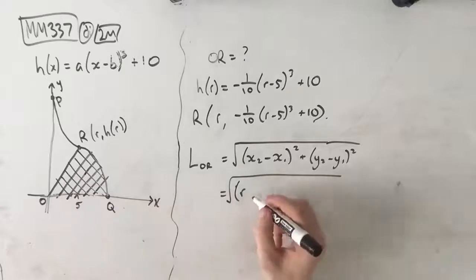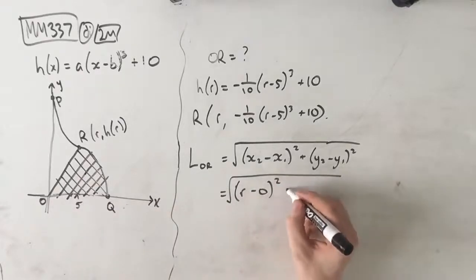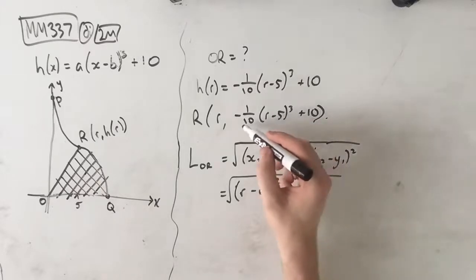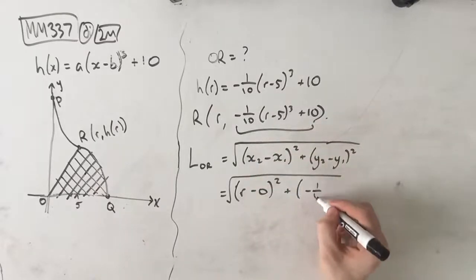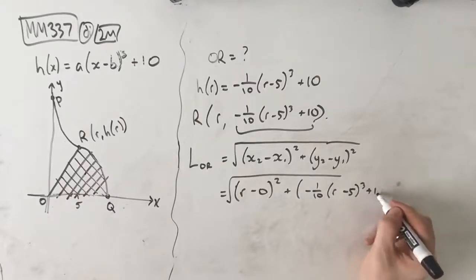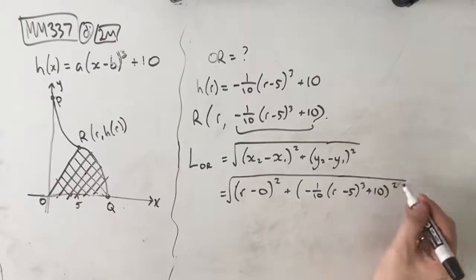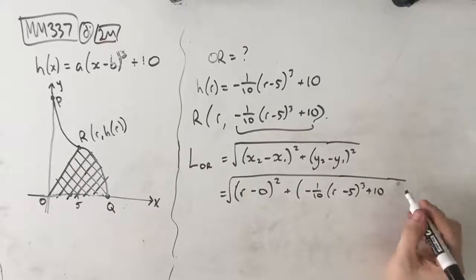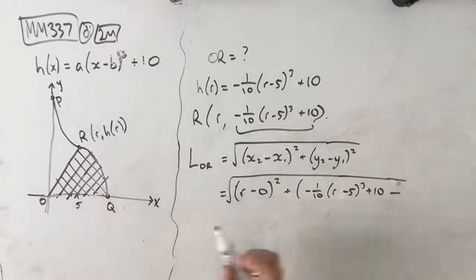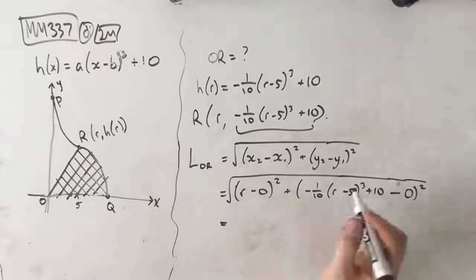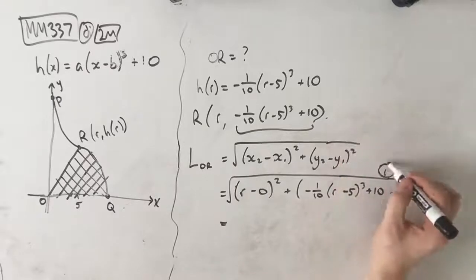Our second x value is 0, because that's at our origin, so that's squared, plus our first y value, which is h(r), which is this bit here. So we get negative 1/10 (r − 5)³ plus 10, squared. Minus our other y value, which is 0 in this case, so minus 0 squared. Now, that's up here is our first mark, so just here.